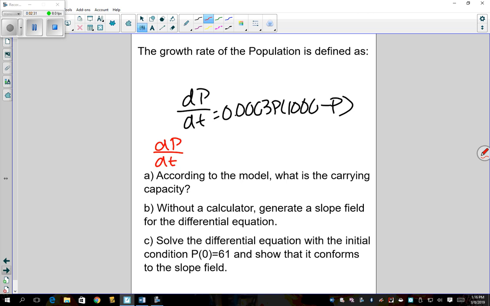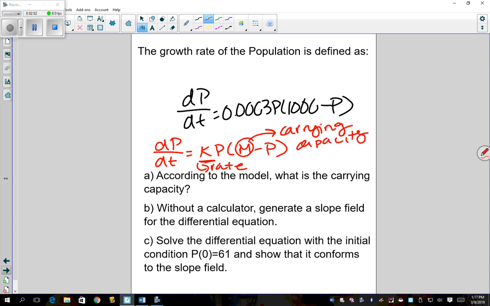We are generally going to see dP/dt equals kP(M minus P). And k we've seen before, that's our rate of growth. That's just how fast our population is growing. And then M, this is our carrying capacity. This is how many, in this case, moose, the population can hold.